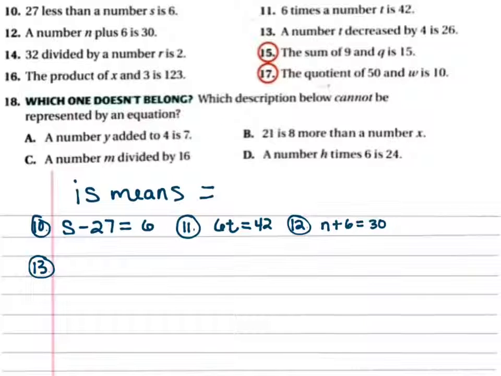T minus 4 equals 26. Good. All right, I'm going to give you about 7-8 minutes to finish this section, and then when we come back, we will do the last section of this assignment today, so hopefully you won't have any homework. So about 8 minutes. Here you go.